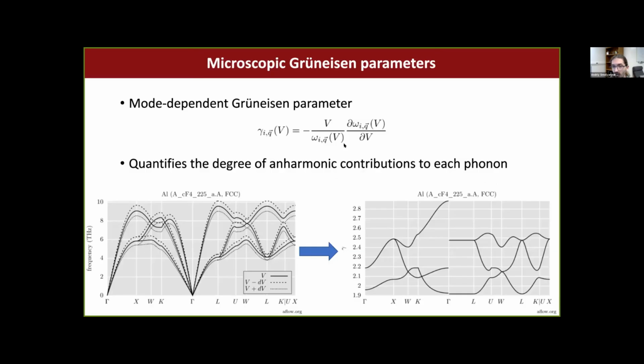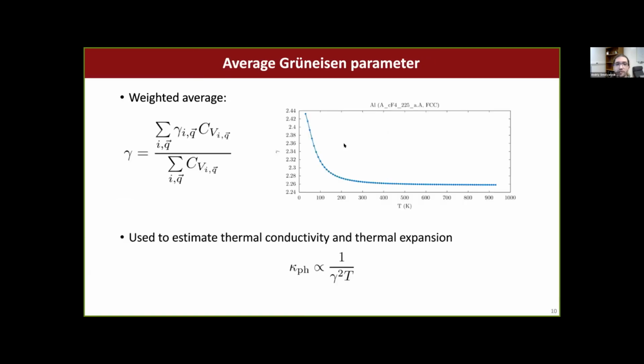And okay, now we have a lot of numbers here, and you might want to make a weighted average, using as weights the heat capacity contribution from each mode. And it gives you an important quantity which we can use to estimate thermal conductivity and also thermal expansion.